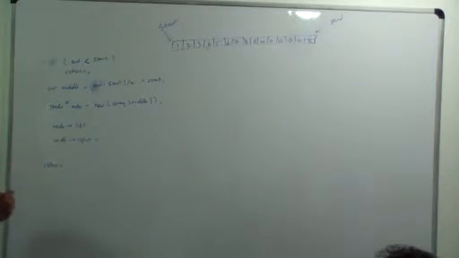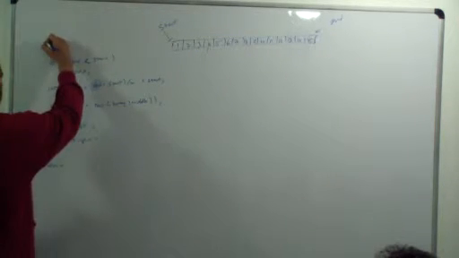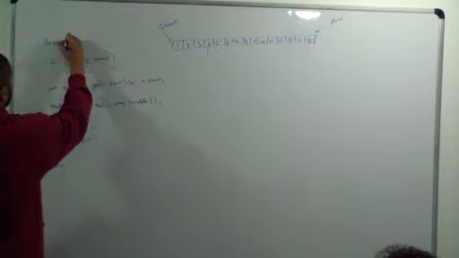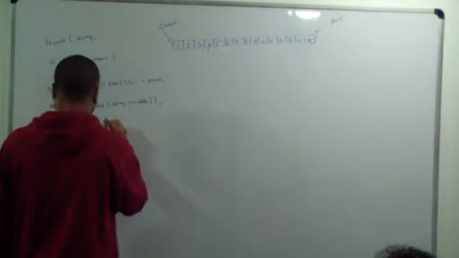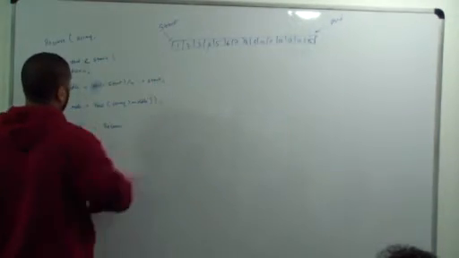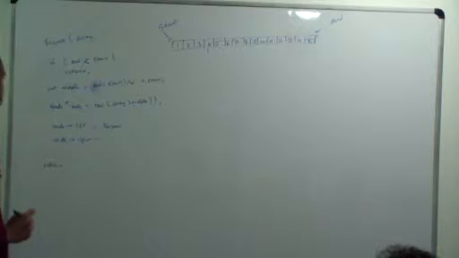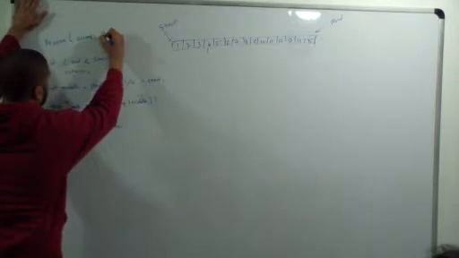Node left will be the recursive call of this function. So let's say you call it recurse, you pass in an array. What else do you want to pass? Length, end and start you need to pass. So what will be end and start? Start will remain start for the left part.